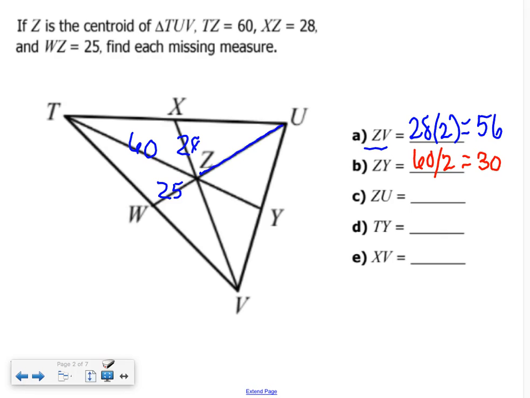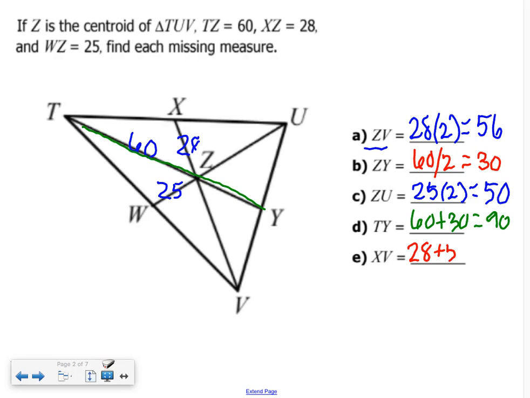Who has a plan? 25 times 2. 50. TY is the whole thing, so 60 plus 30. Love it. Good work. And same thing for XV. 28 plus 56 is what?